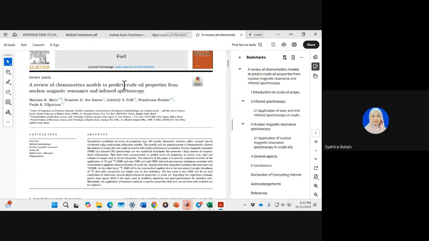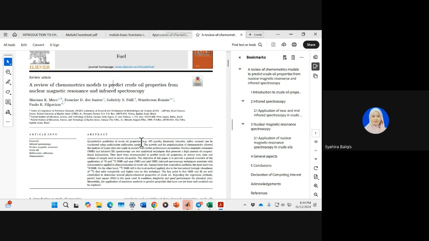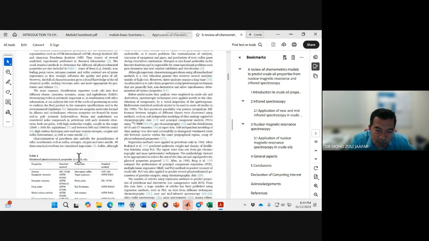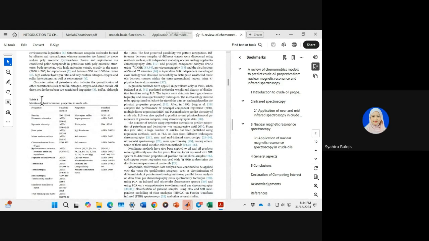What they wanted to do is to predict these properties, right? The crude oil is coming from different sources as listed in table 1.